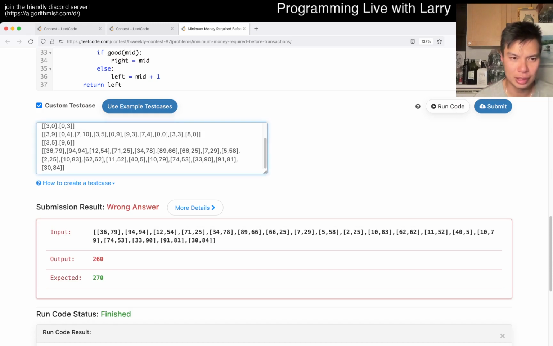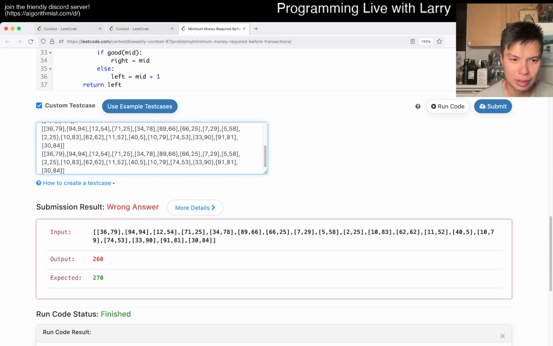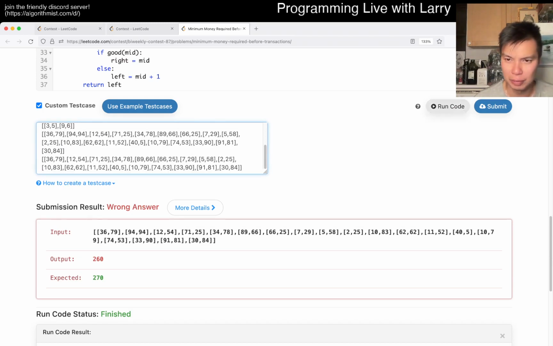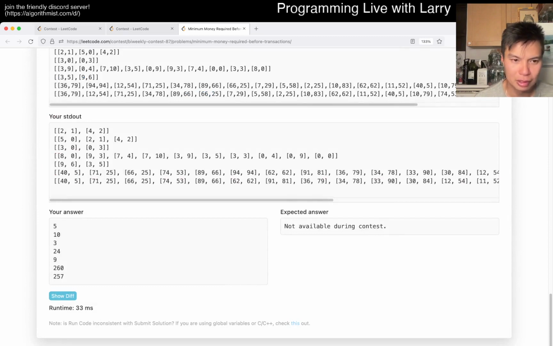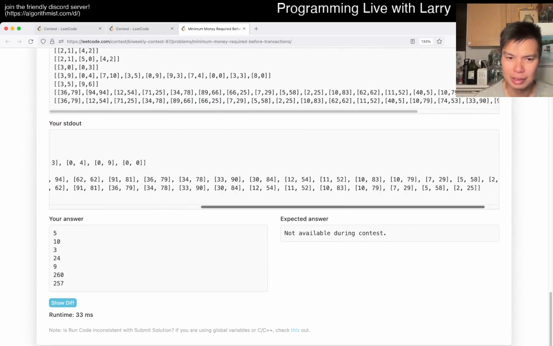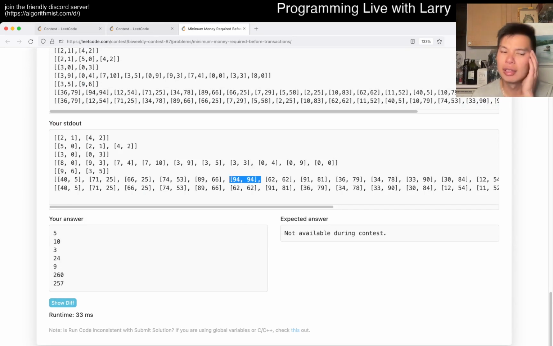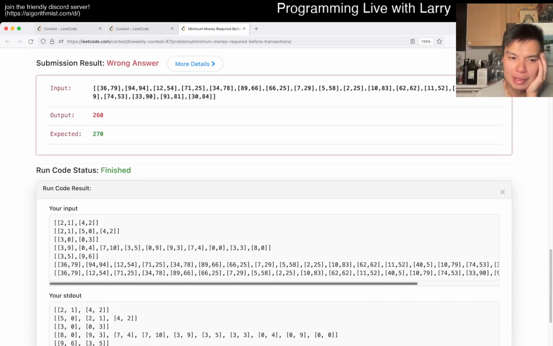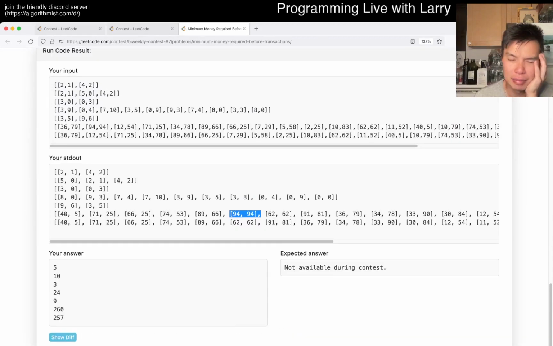If I slowly take out numbers, doesn't matter. Like the 94, 94, that doesn't seem very helpful, but maybe my assumption is wrong on that one. It is, in fact. That does come into play. Why does that increase by 4 or by 3? Oh, my answer. I don't know what the right answer is now.